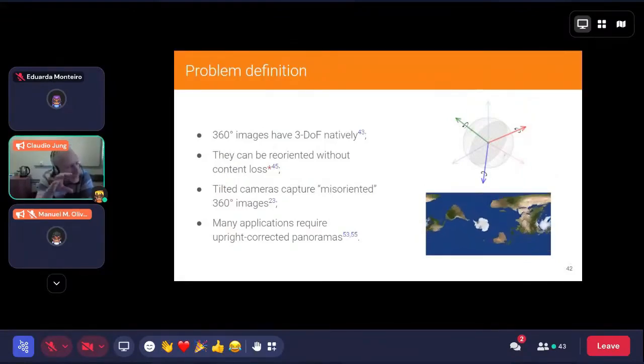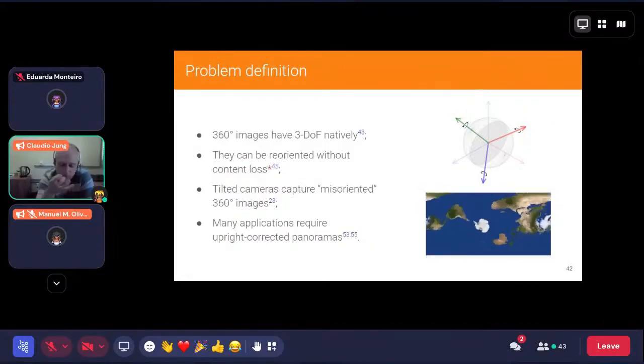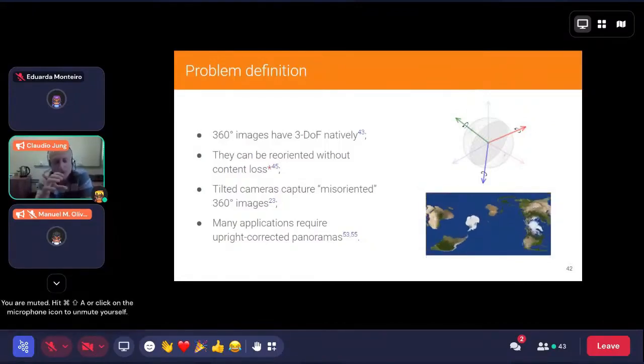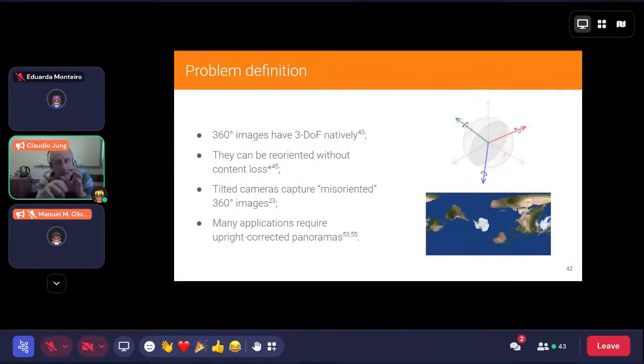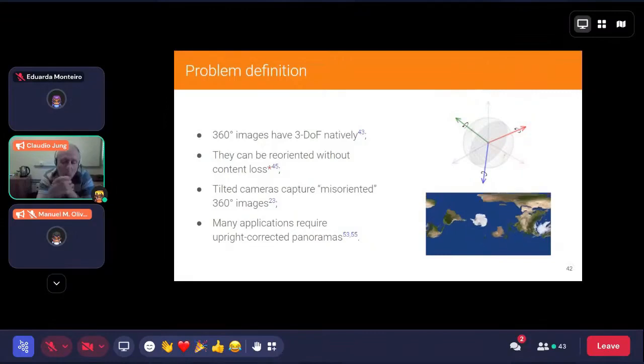One small detail is that in theory, any two captures that differ only by rotations can be warped into one another by just rotating the panorama.